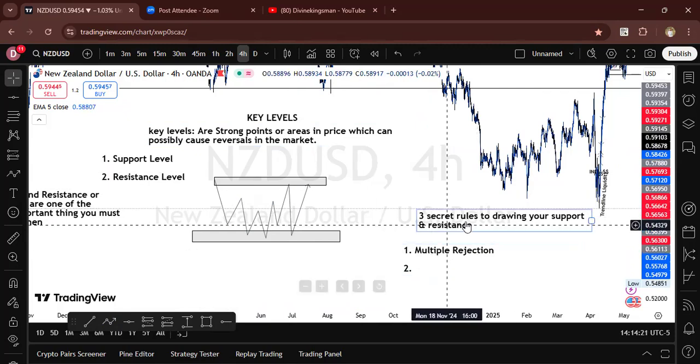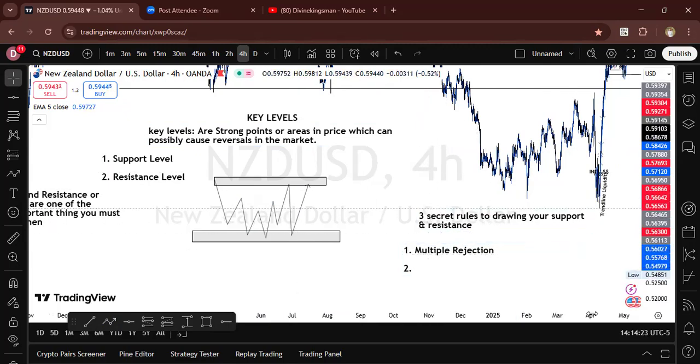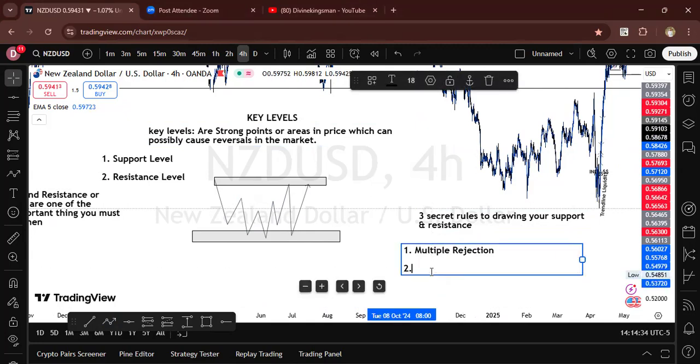As I said in the second secret rule of drawing your support and resistance, price needs to move away significantly from the swing low or swing high. Let me write that down.